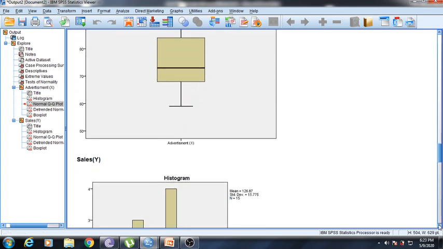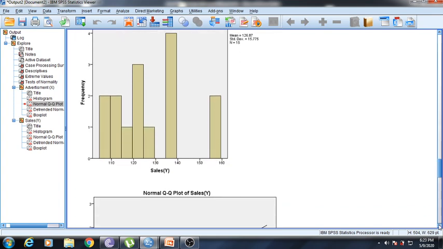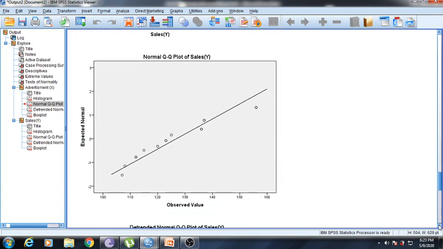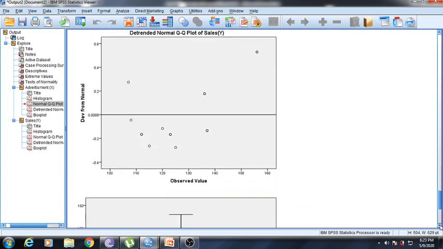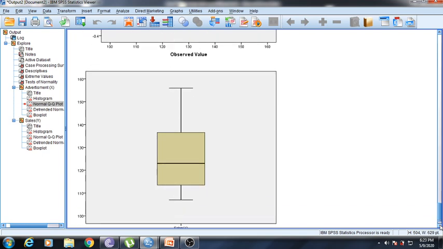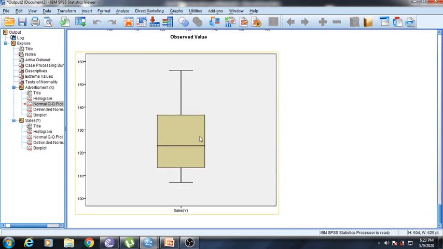Similarly we'll go for sales also. You can see here that most of the points are near this line, so it is normally distributed for sales also. Already we have seen it in the Shapiro-Wilk test also. Then we will see the outliers of sales. You can see there are no outliers.